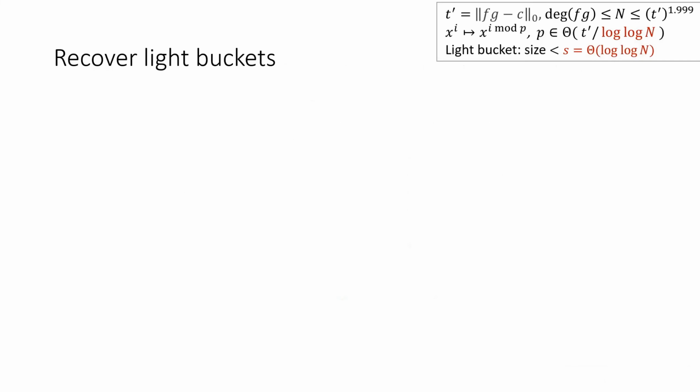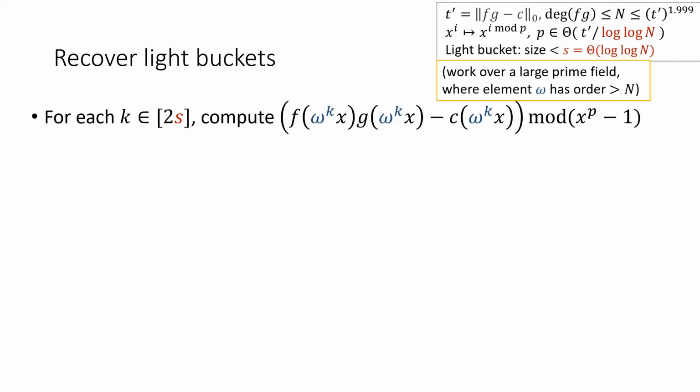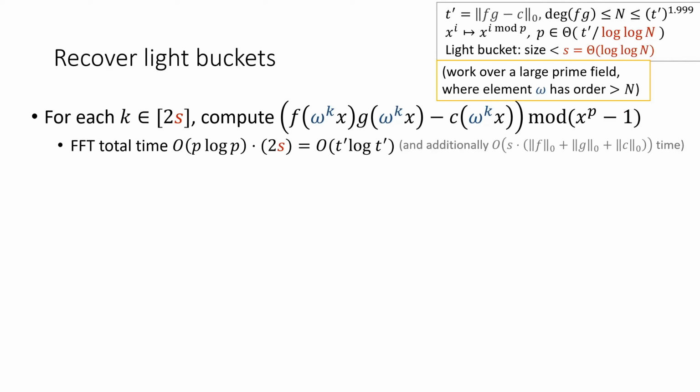To recover the light buckets, we do as follows. For every k from 1 to 2s, where s is the bound on the bucket size, we compute the hashed version of this polynomial, which is defined as fg minus c, except that every x is replaced by omega to the power of k times x. Here, omega is some element from a large prime field with large multiplicative order.